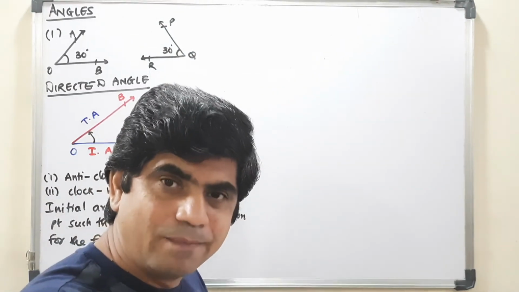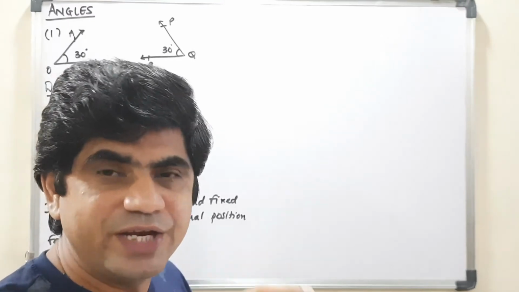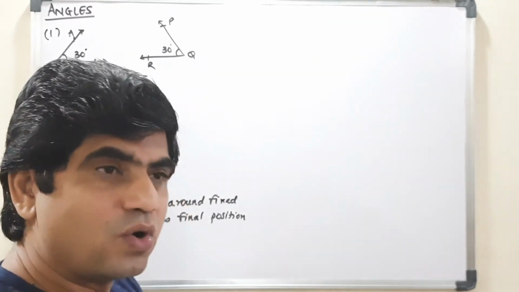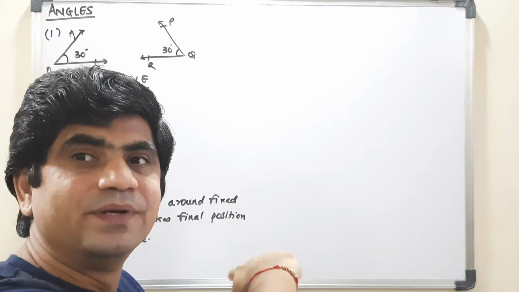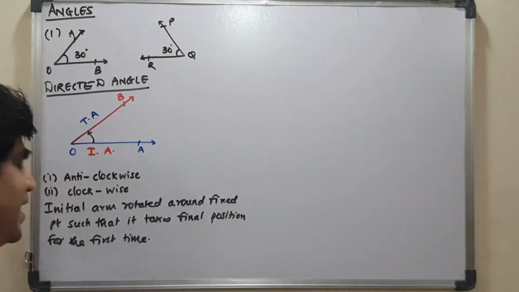So that complete set, in which you had an initial arm, rotation and the final arm, is called a directed angle.